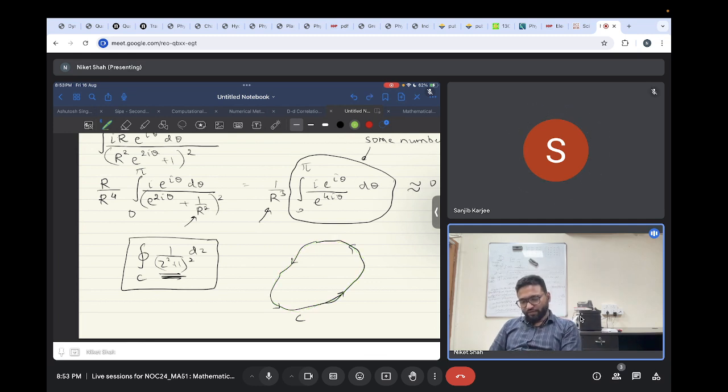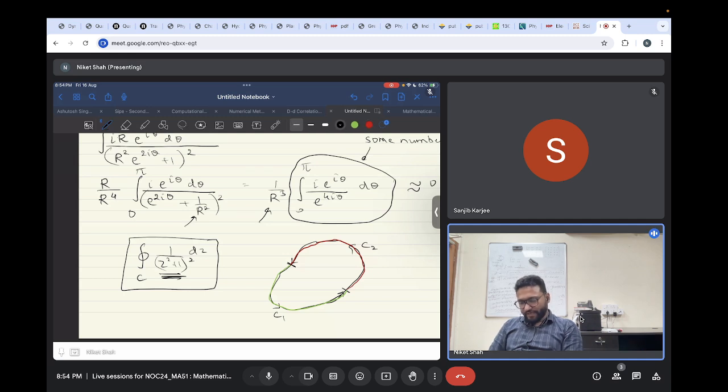Yes. So now what I am saying is I can break this contour into two parts. I can call this part C1, I can call this part C2. The one marked with green is C1, the one marked with red is C2.